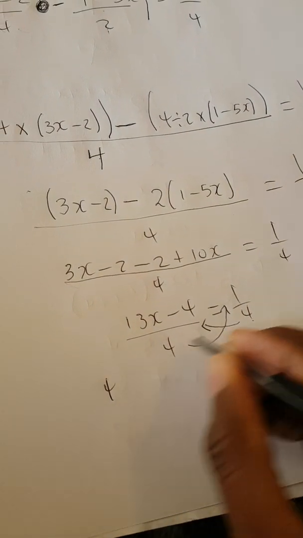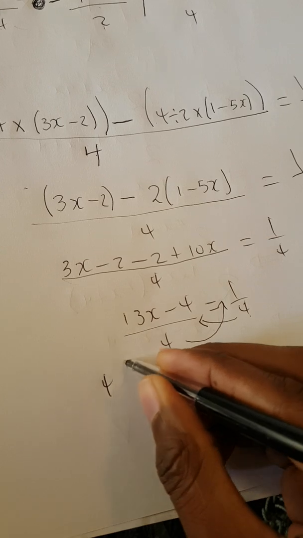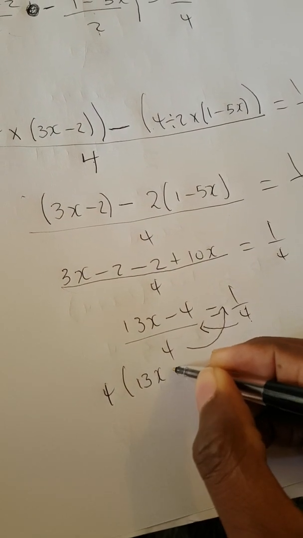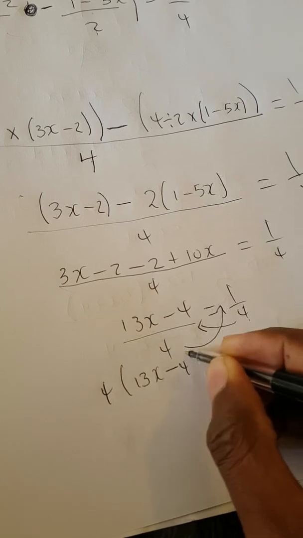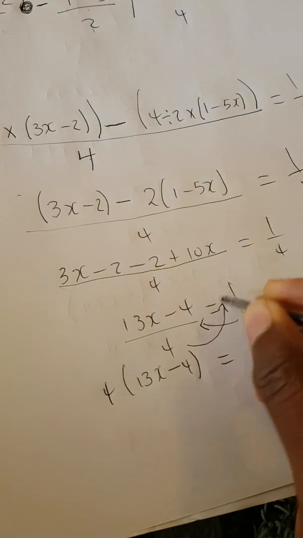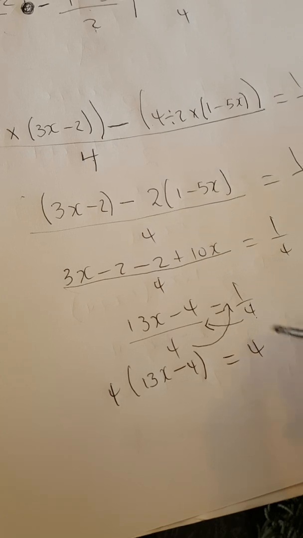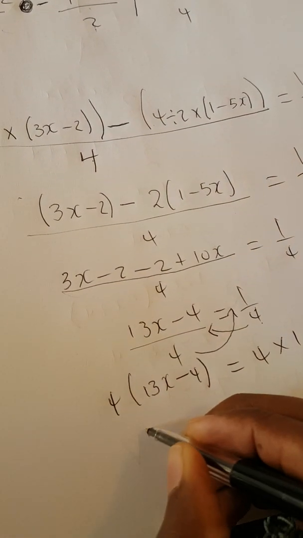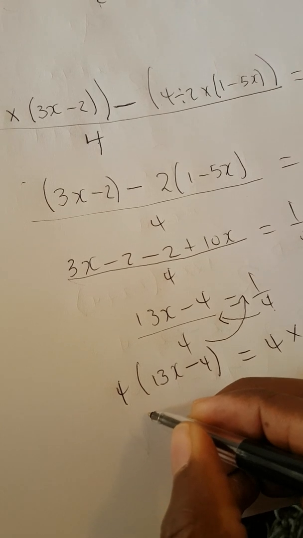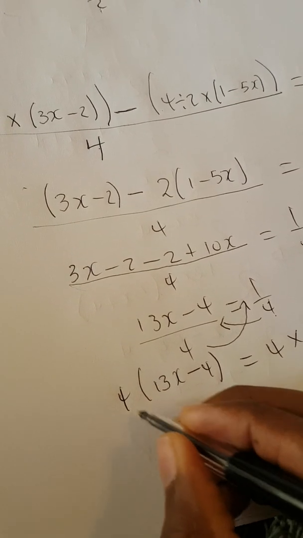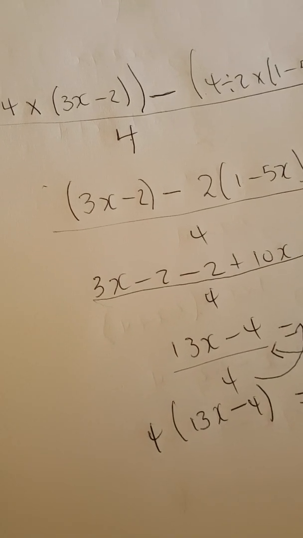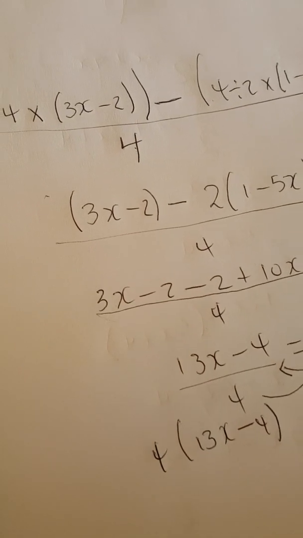Okay, so this 4 will multiply 13x minus 4 and say is equal to this 4 will multiply 1, is equal to 4 times 1. So here we're going to have to say 4 times 13. How much will we get? 4 times 13 we'll get 52.